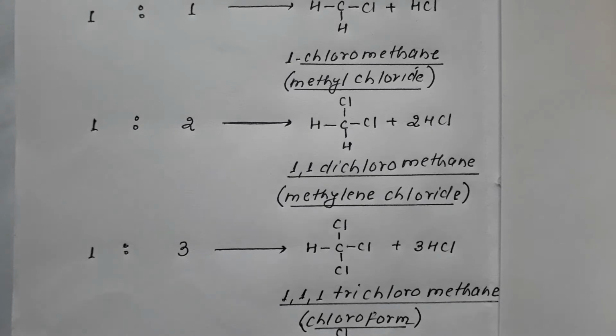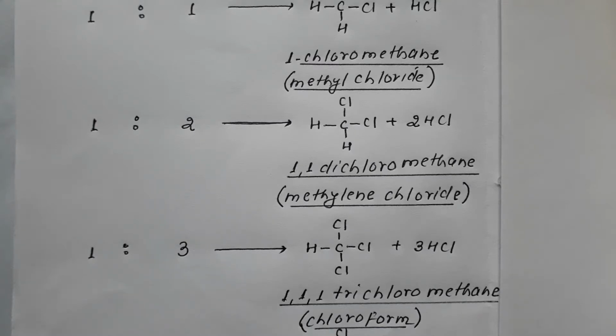Now if this reaction takes place in the ratio 1:3, one molecule of methane reacting with three molecules of chlorine, then 3H get replaced by 3Cl, resulting in formation of CHCl3, that is 1,1,1 trichloromethane, that is chloroform.